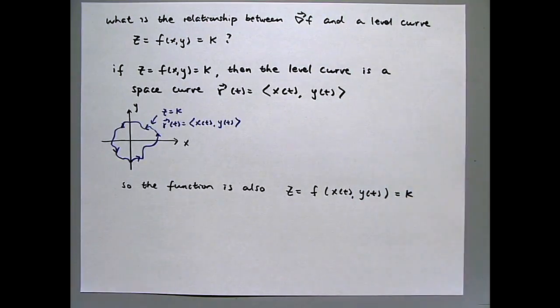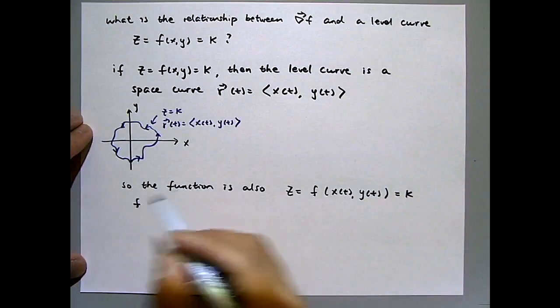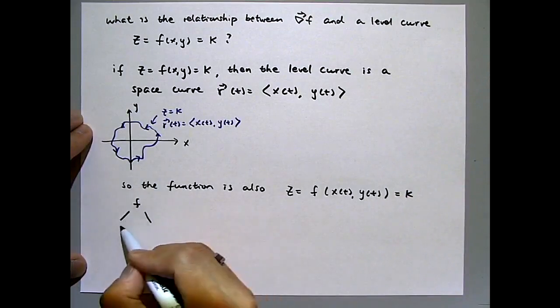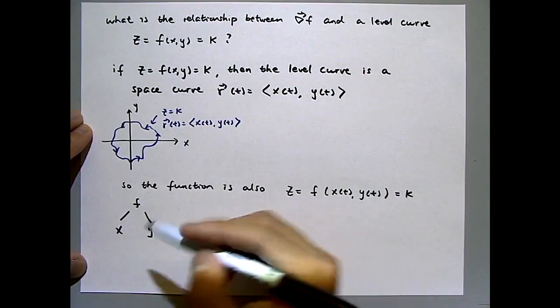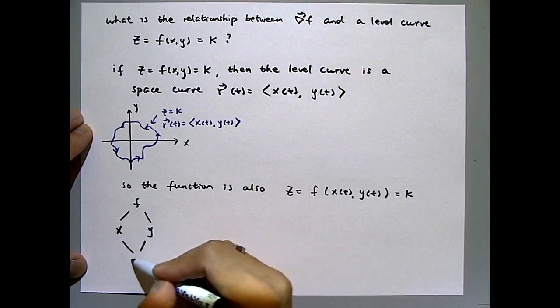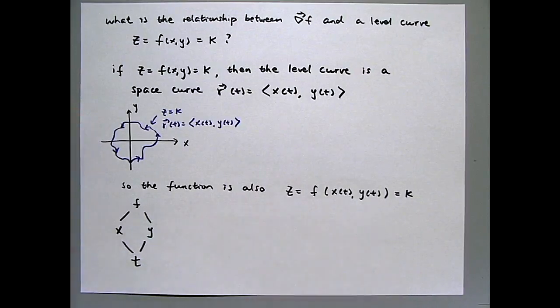So this is a very classic chain rule situation where f is at the top. f initially depends on x and y, but those two eventually also depend on t.